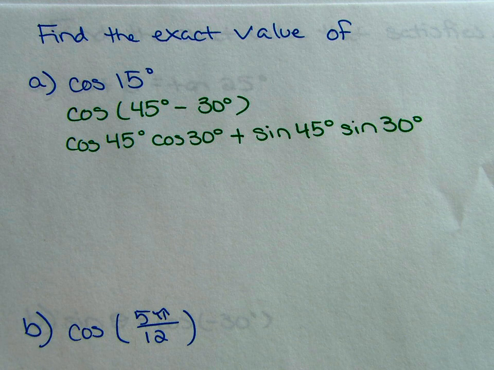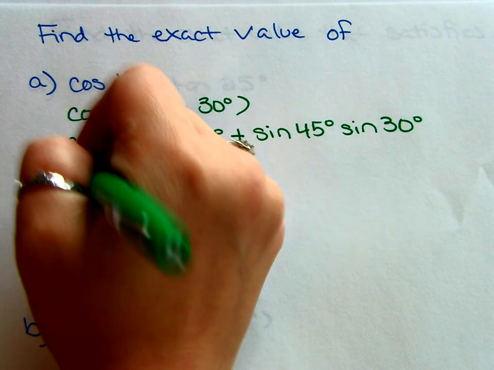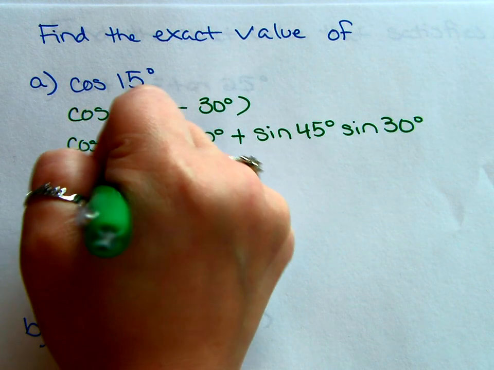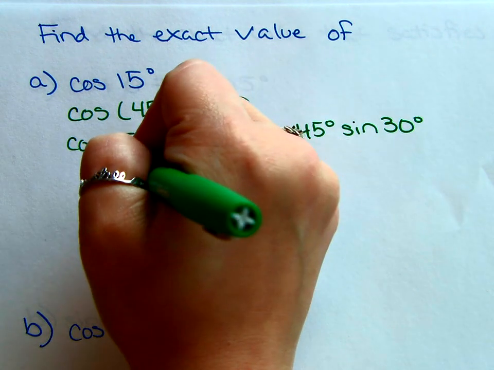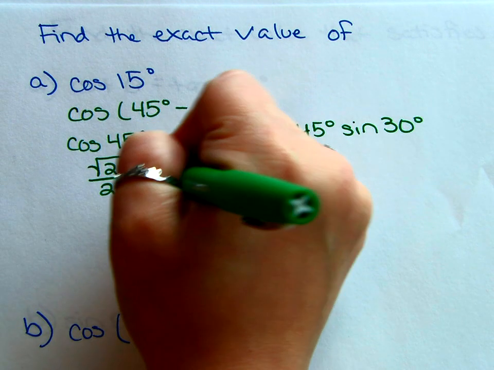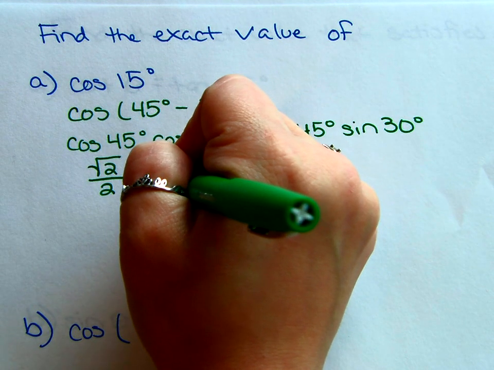Now we have to actually know what these are. Cosine of 45 degrees. Yep, square root of 2 over 2. Cosine of 30 degrees, square root of 3 over 2.